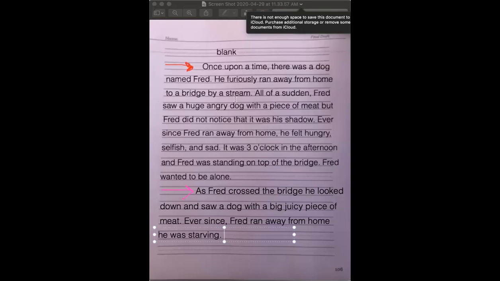Steal another dog. So those words are going to remind us that he stole from the other dog that he thought was there, but really it was a shadow.